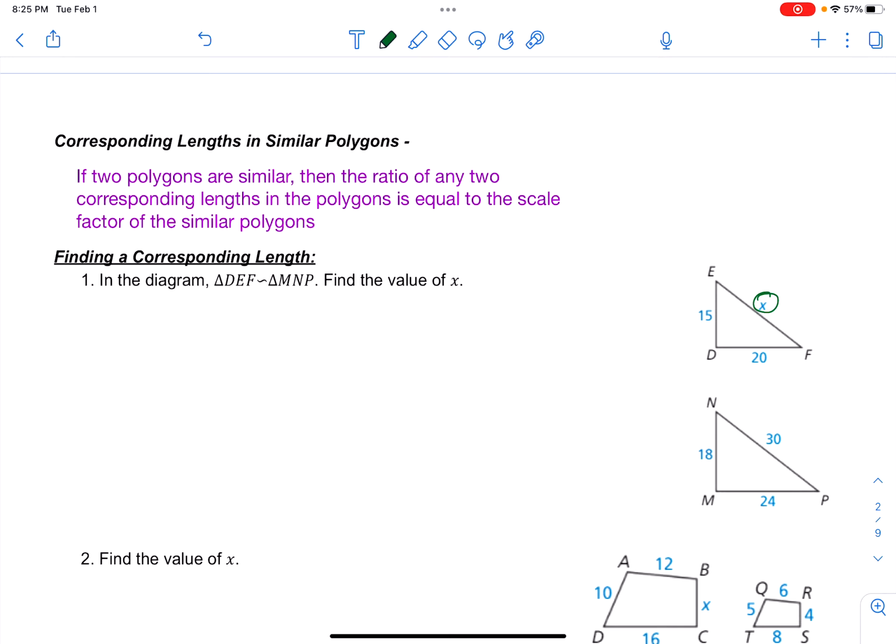So for sure, we need to include side NP from triangle 2 because that is similar with side EF in triangle 1. I'm going to label these just to notate which triangle I'm referring to.